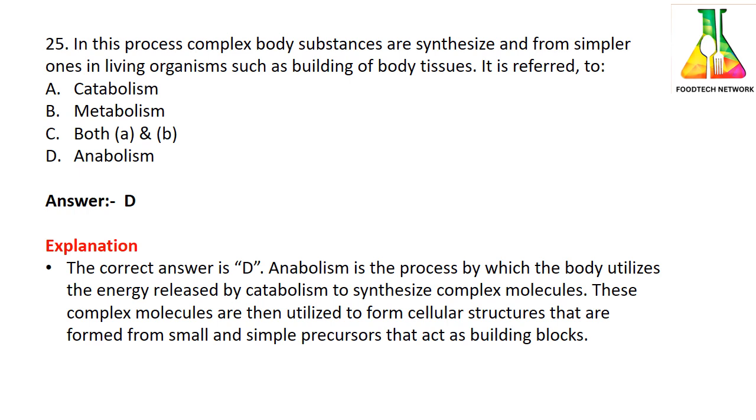Anabolism is a process by which the body utilizes the energy released by catabolism to synthesize complex molecules. These complex molecules are then utilized to form the cellular structures that are formed from small and simple precursors that act as building blocks.